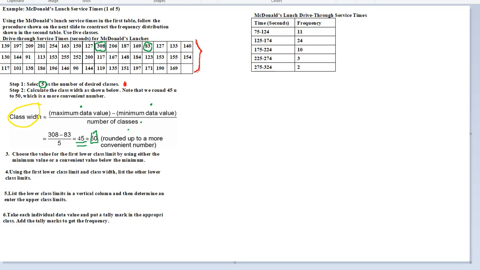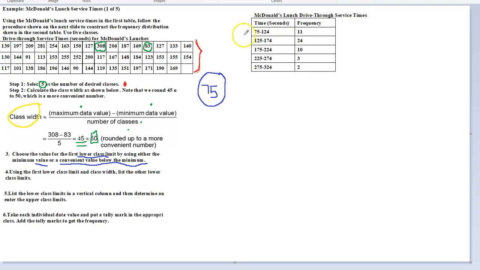The next step is to choose the value for the first lower class limit by using either the minimum value or a convenient value below the minimum. Although we don't have a 75 seconds, the minimum was 83, because of convenience we are going to start with 75. So that's what the lower limit is.